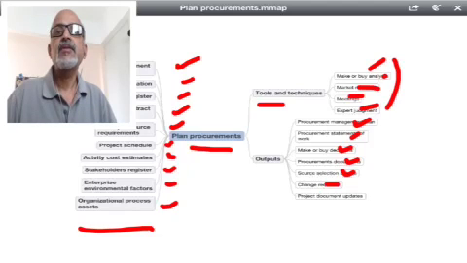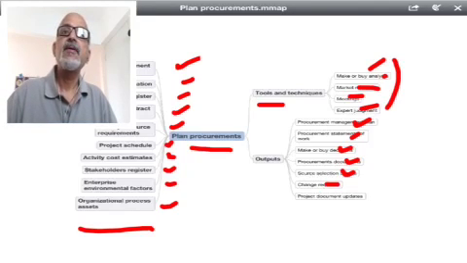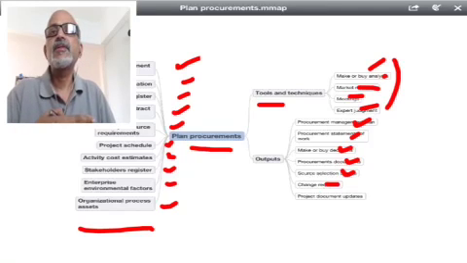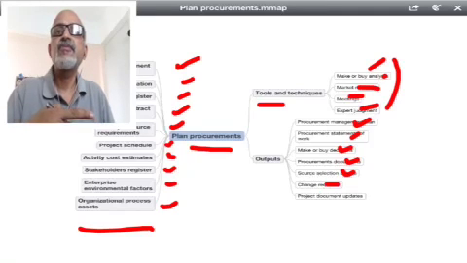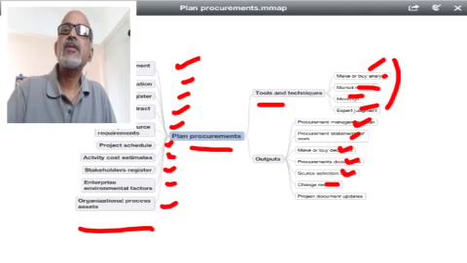Because of enterprise environmental factors, if there is a ban on cutting trees and teak wood is not available, then we have to look for substitutes. Then we have to raise a change request, based on which we'll have to change the requirements given by the customer, which is already frozen in the form of a scope document.